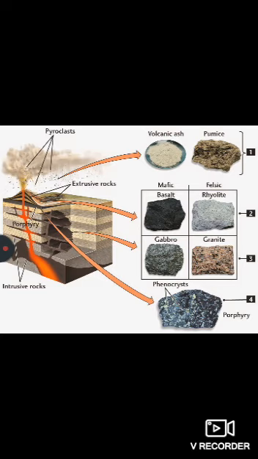Then we have sedimentary rocks. The word sedimentary has been derived from the Latin word sedimentum, meaning settling down. So settling down of different types of rocks, they are called sedimentary rocks.